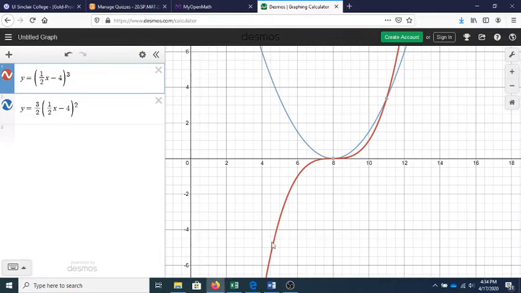Check, check. But I also notice that as I move to the right, the slope is still positive on my red curve, but it's not as steep as it was. So my y value up here on the derivative should still be positive, but it shouldn't be as high as it was.